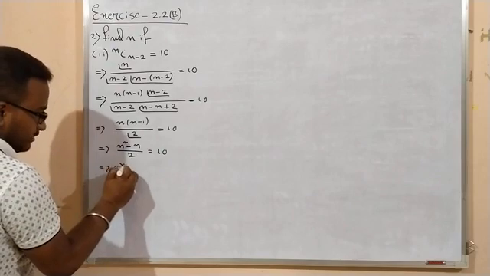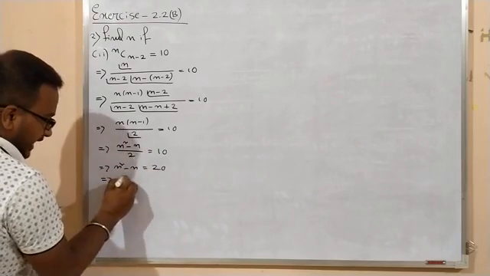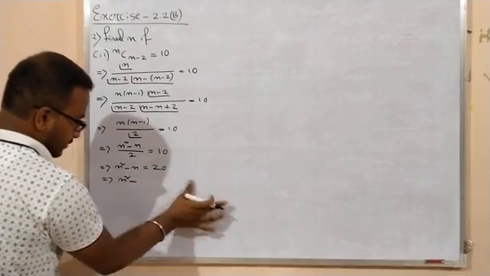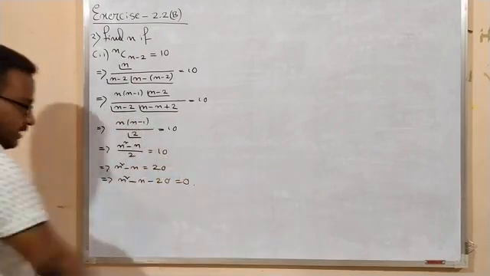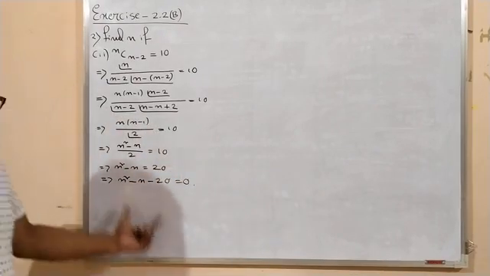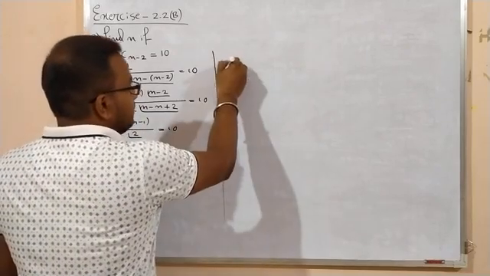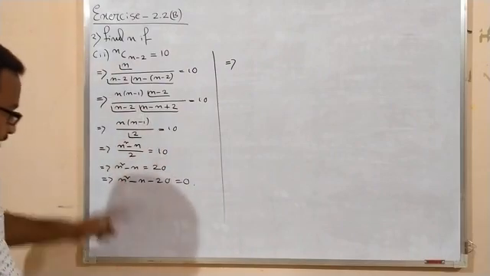Now it is n square minus n equals to 20, and it is n square minus n minus 20 equals to 0, right? Now if you do the middle term factorization, it is very easy, isn't it? Because this implies you have to apply the middle term factorization.